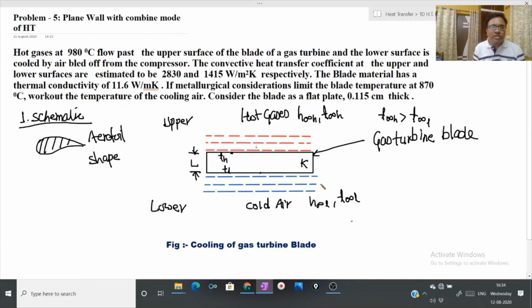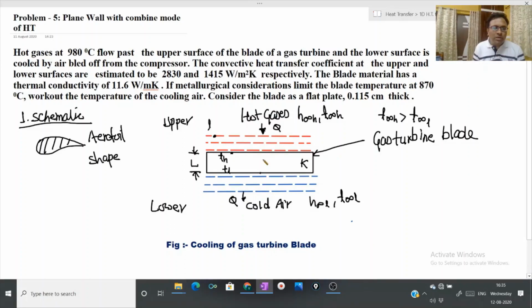So by virtue of this temperature difference, heat transfer will take place from the upper side of the hot gases to the lower side of the cold air at the rate of Q. Now when heat flows through the hot gas film, turbine blade material and cold air, they will offer thermal resistances individually to the path of the heat flow, and temperature drop will take place across these three layers.